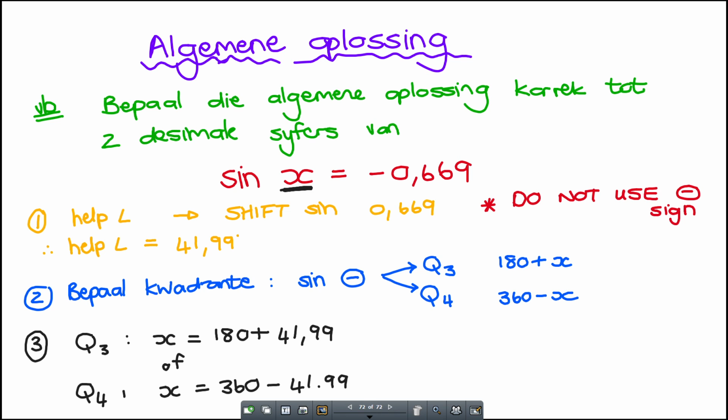Okay. Nou, omdat dit die algemene oplossing is, you guys saw that if I get a specific angle, let's talk about the 41, we said if I add 360, I'll get exactly the same point again. Or if I minus 360, I'll also get the same point again.